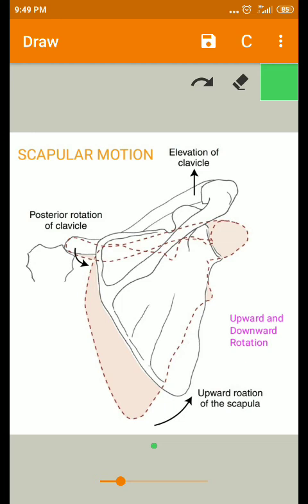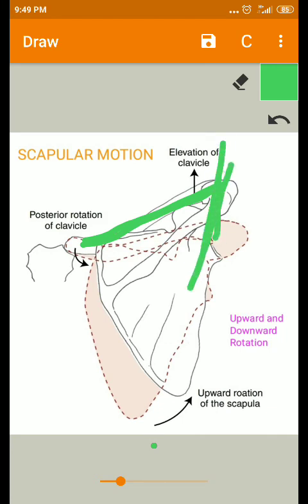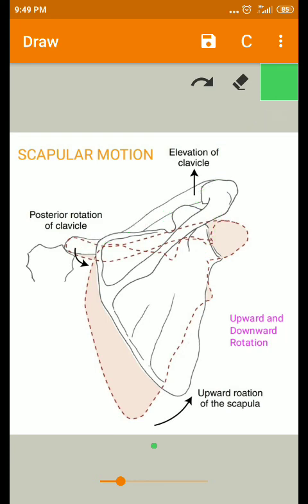For example, if the long axis of the clavicle is perpendicular to the plane of the scapula, that is 90 degrees, then what happens? The sternoclavicular joint posterior rotation of the clavicle occurs, and the acromioclavicular joint rotation is at 90 degrees.